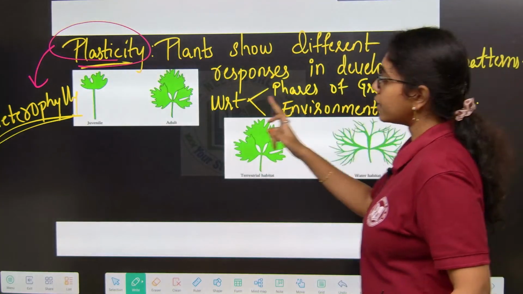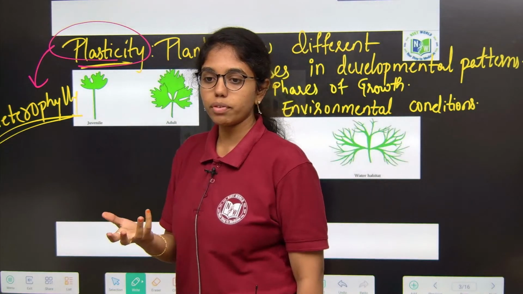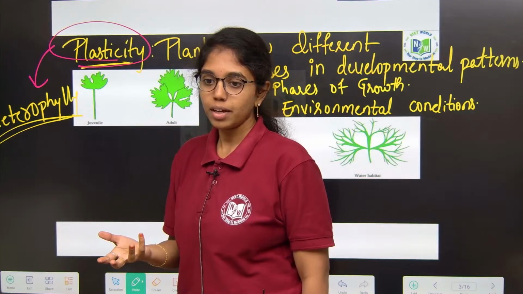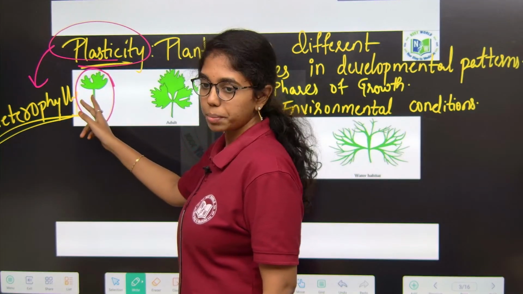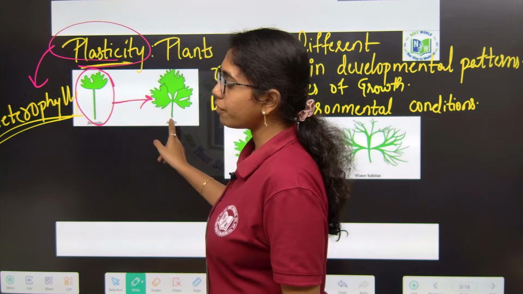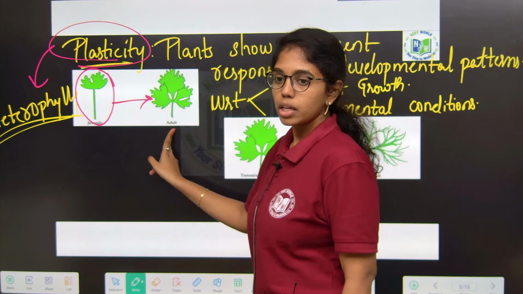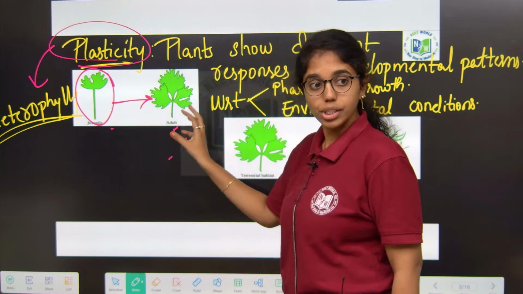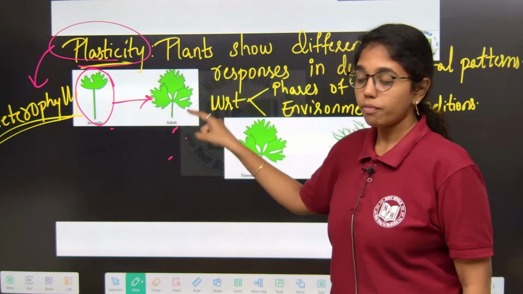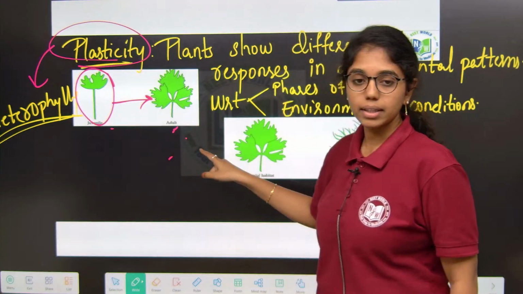In the juvenile phase, have you ever observed coriander? Went to the kitchen any time in your home? There have you observed coriander, wherein in the juvenile phase this will be the structure and in the adult phase this will be the structure. So, heterophily is the concept wherein different leaf structures are observed on the same plant, one in the juvenile phase and one in the adult phase.